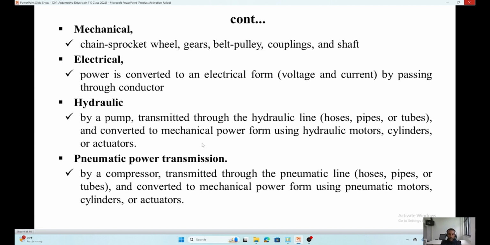Again, they convert it to mechanical power by using hydraulic motors, cylinders, or actuators. The same for pneumatic: there is a compressor, transmitted through pneumatic lines, and converted to mechanical power by using a pneumatic motor, cylinder, or actuators.